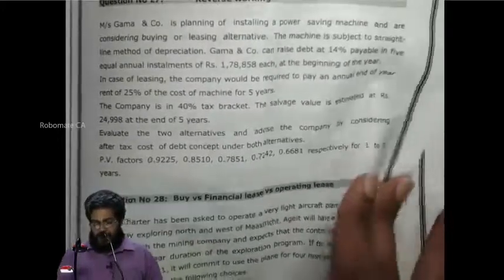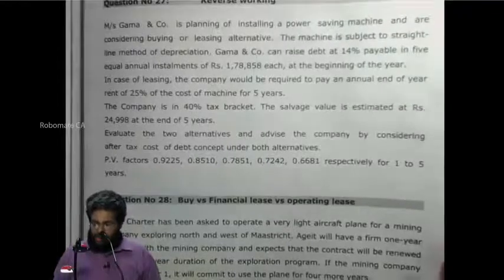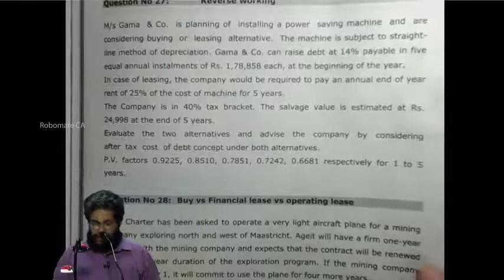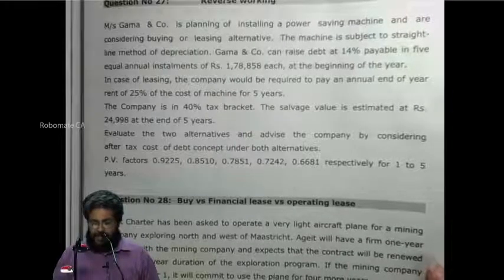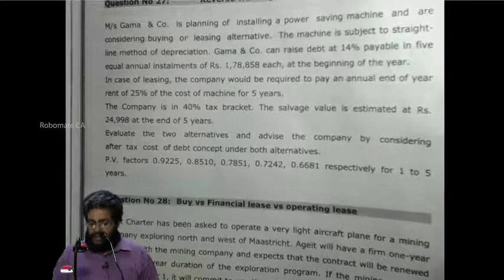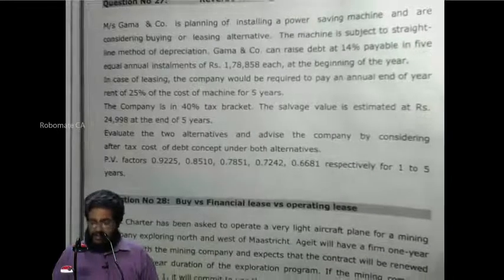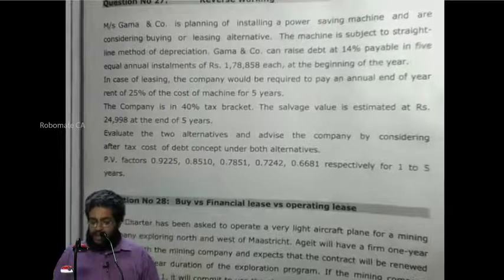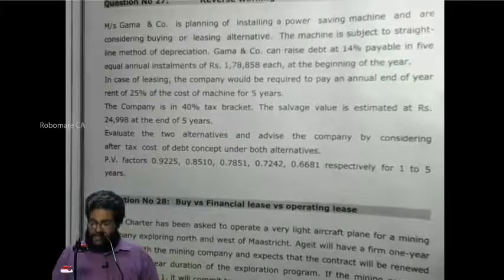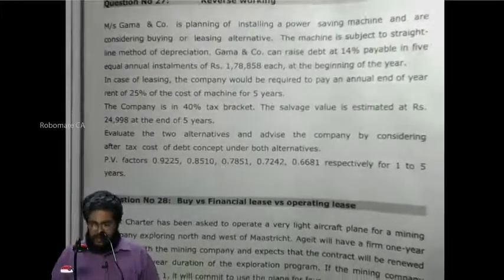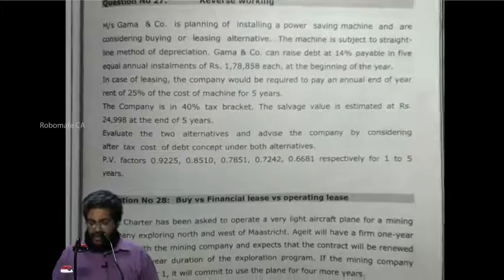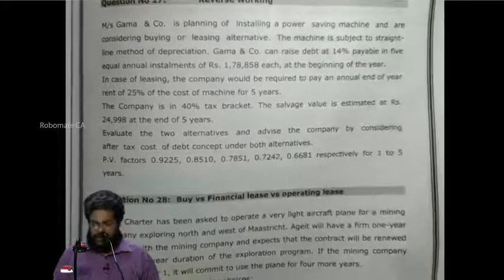Agent Charter has been asked to operate a very light aircraft plane for a mining company exploring north and west of Maastricht. Agent will have a firm 1-year contract with the mining company and expect that the contract will be renewed for the 5-year duration of the exploration program. If the mining company renews at year 1, it will commit to use the plane for 4 more years.